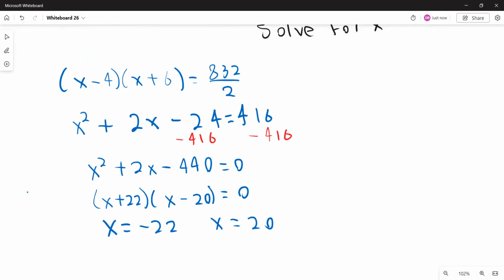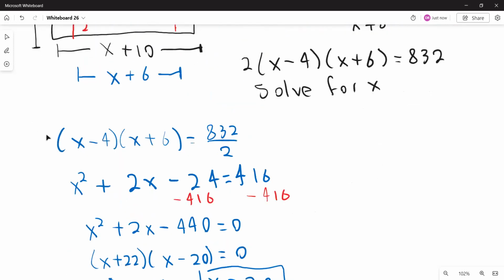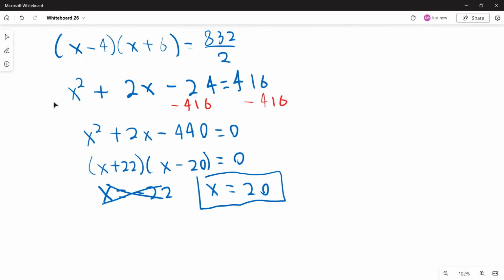But like before, we need to keep the positive solution because the negative one doesn't make sense. So let's look back. We know that x is the width, so the width is 20, and the length is 30.